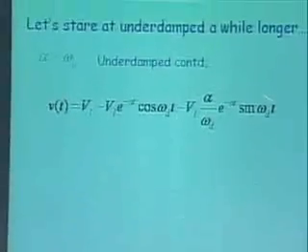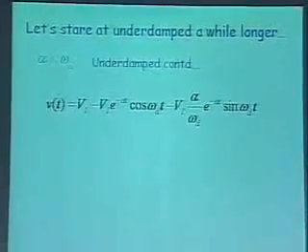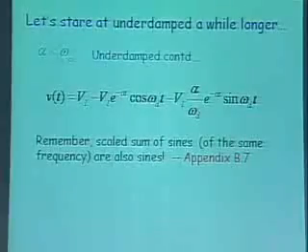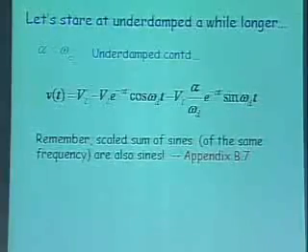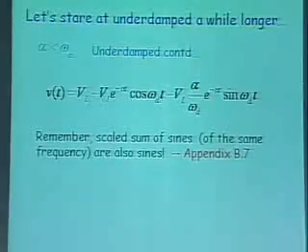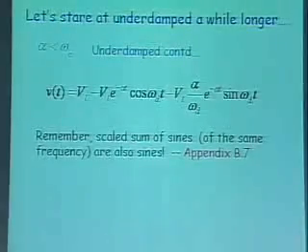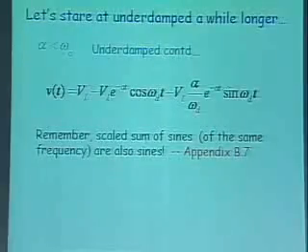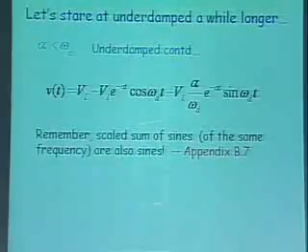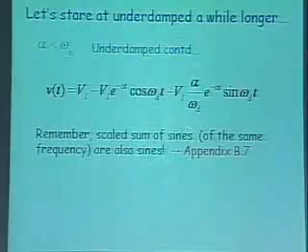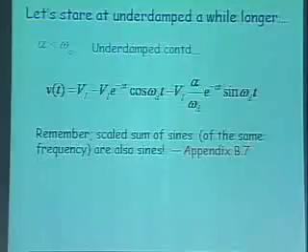Okay. So let's go back to this situation and simplify it further. If you look at Appendix B7 in your course notes, Appendix B7 is a quick tutorial on trig. And in that trig tutorial, you will see that, and you've probably seen this before too multiple times, the scaled sum of sines are also sines.